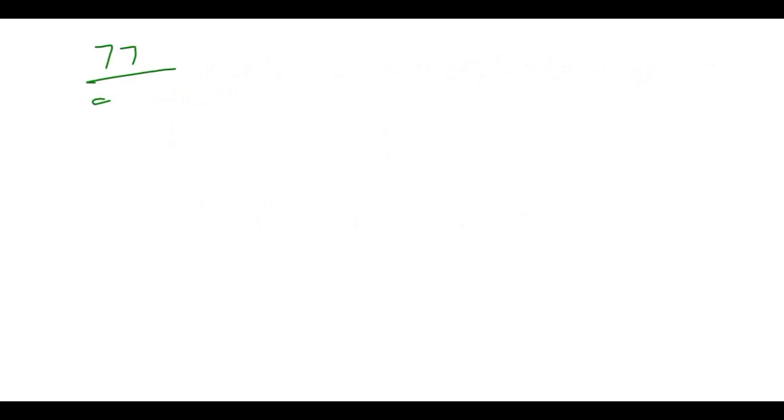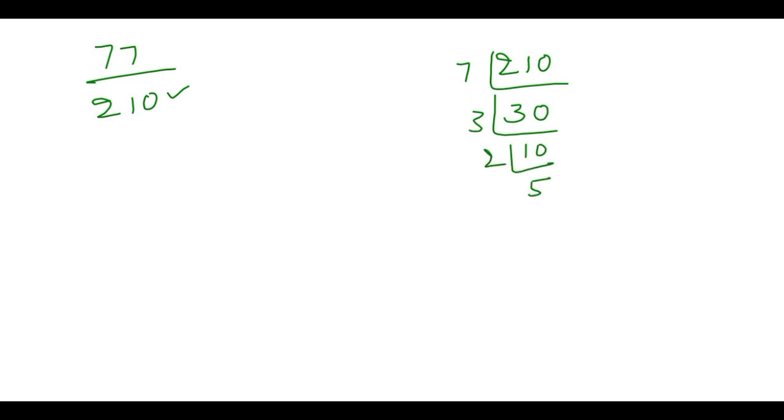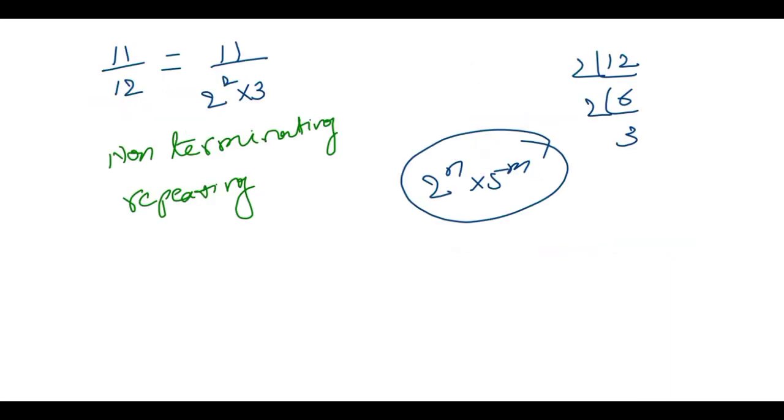If you do the prime factorization of 210, you get 7 threes are 21, 7 thirties, 3 tens, and 2 fives. So 210 you write as 2 into 3 into 5 into 7, but we want only 2 power n into 5 power m, but additionally we have 3 and 7 also. So is it terminating or non-terminating? I think your answer is non-terminating, but it is terminating. How? Let us discuss.